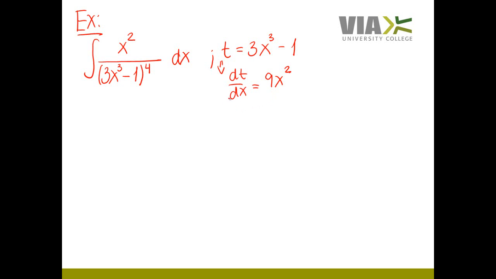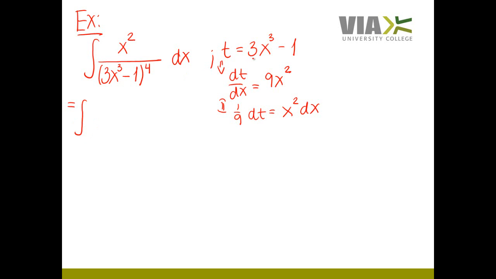But that's no problem, because if we just divide with 9 on both sides, we see that 1/9 dt must be equal to x squared dx. So when we substitute into the assignment up here, we just have to insert that.